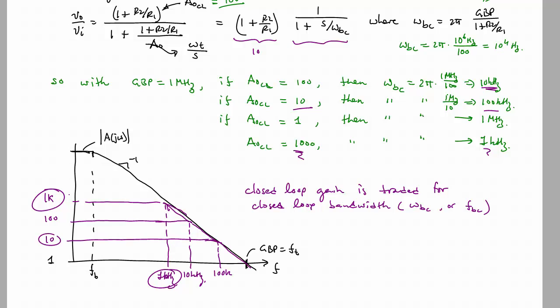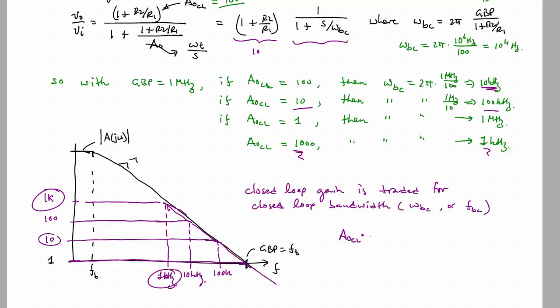If you only needed a gain of 1, then we'd be down here, and this would extend all the way out to our gain bandwidth product frequency of 1 megahertz, and then it would roll off, and that's what we saw right here.